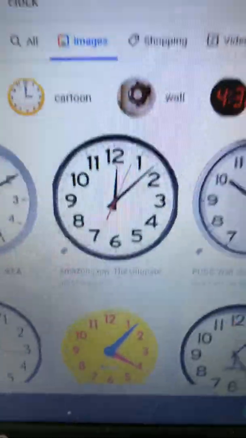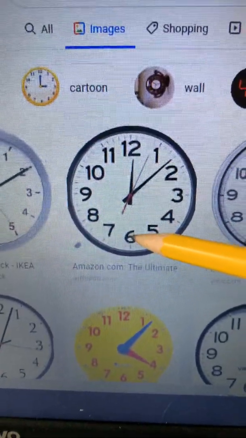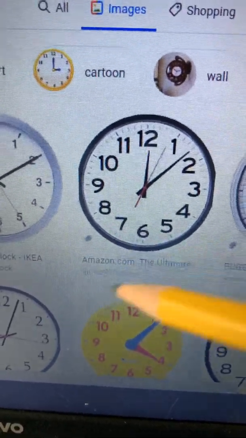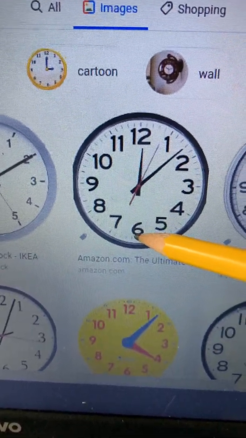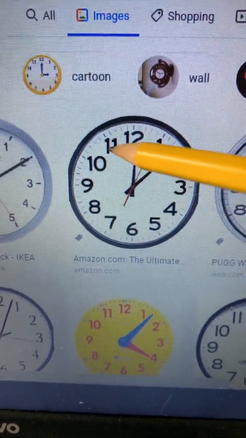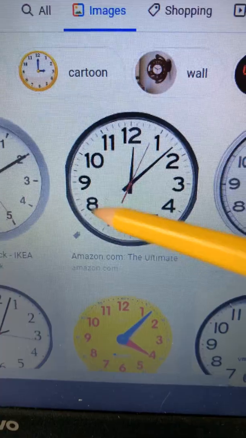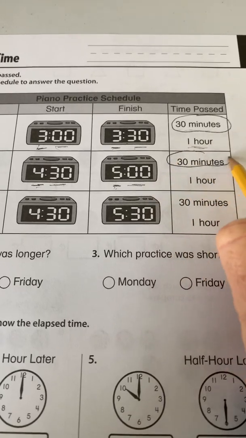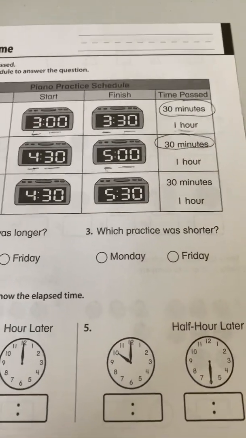So if we go back to our clock, we're gonna start down here at the 6 because that's 30 if it was 4:30. And we're gonna go by fives: 5, 10, 15, 20, 25, 30. Even though the hour changed, it was still only 30 minutes of practice time, okay?